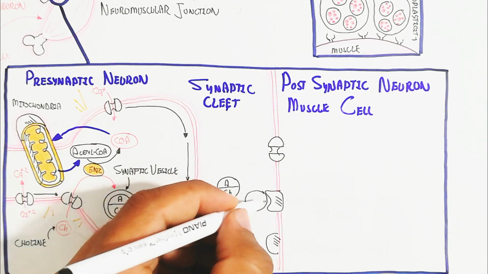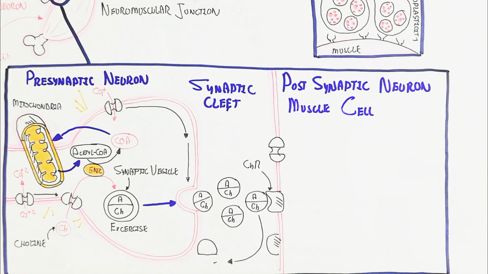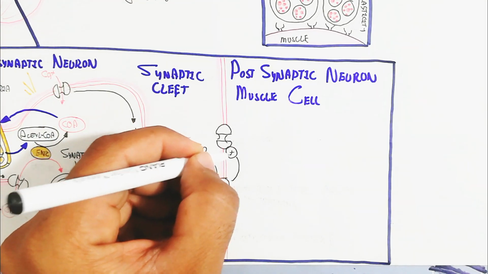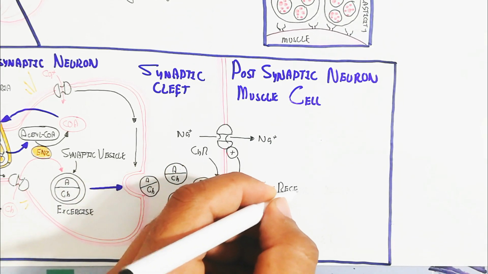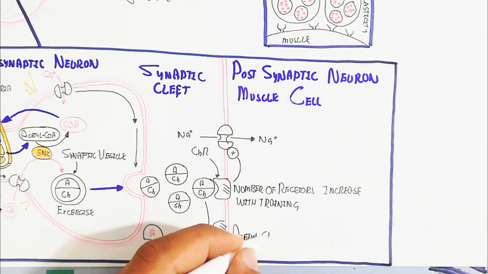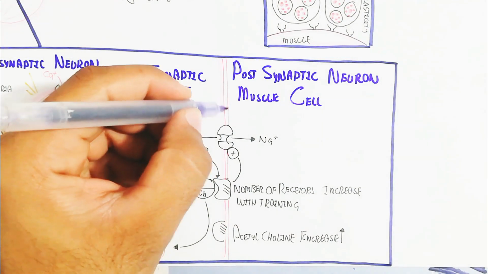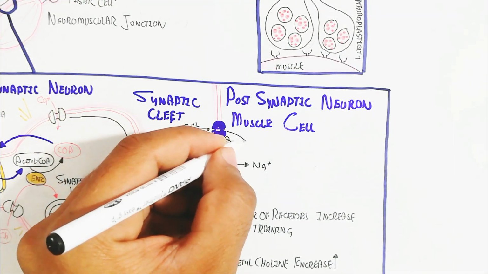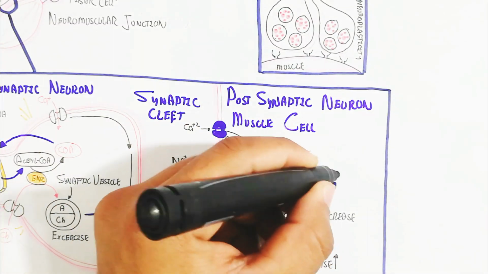After this, the acetylcholine will bind with the acetylcholine receptor. In this way, the acetylcholine receptor triggers more sodium channels, with an influx of sodium, which leads to more calcium moving inside. The number of receptors increases with training, and the acetylcholinesterase enzyme will decrease, because not too much choline and acetyl is reuptaken.